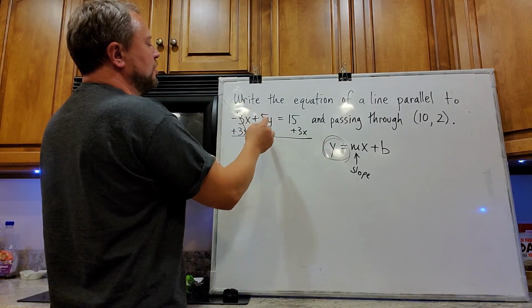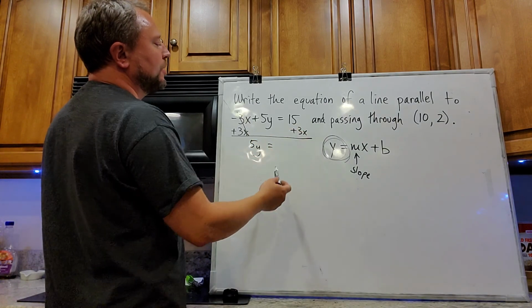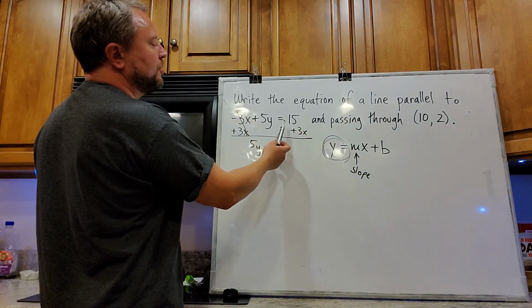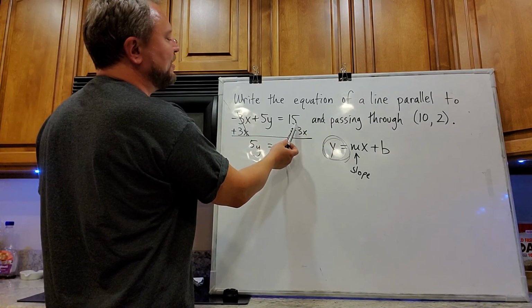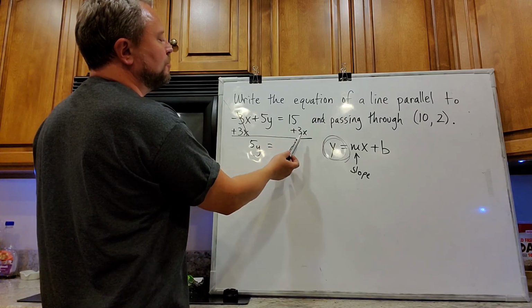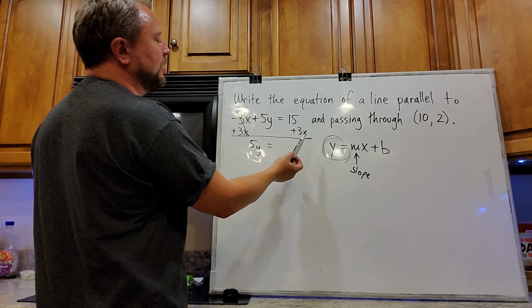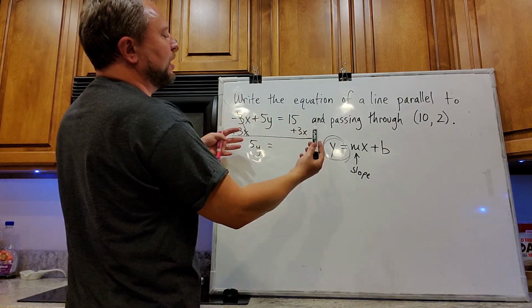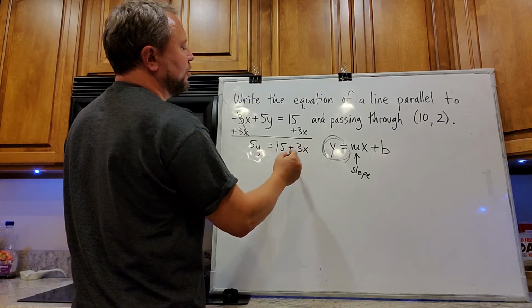This will cancel, leaving me with 5y. And over here, again, just like I showed you earlier, this is an x term and this is not. So these are not like terms. You can't just add this 3 to the 15 and call it 18. They have to stay separate, because they are not like terms.